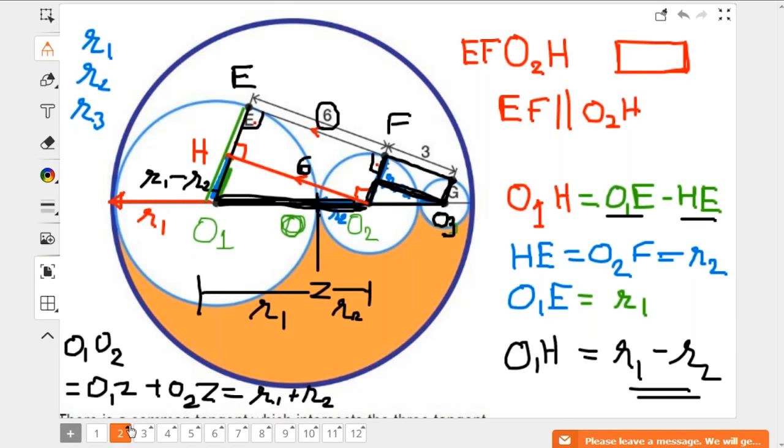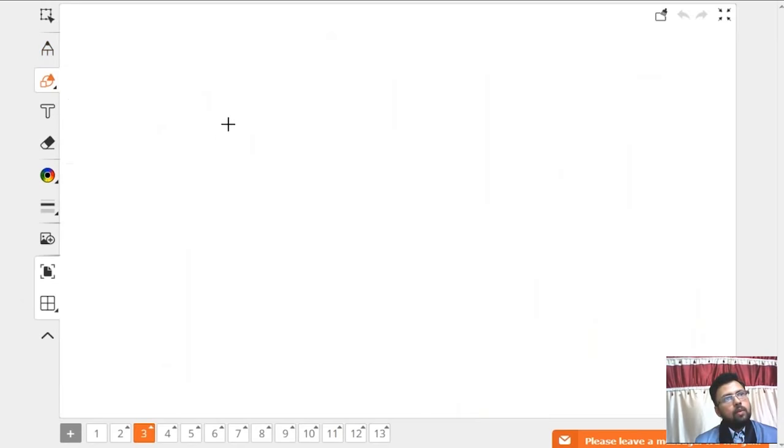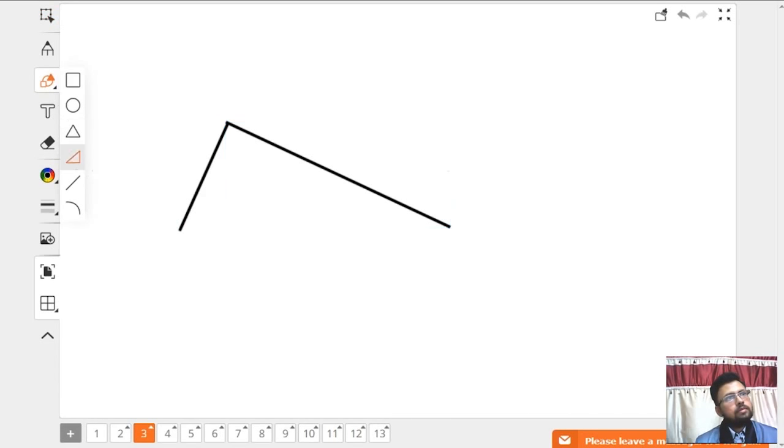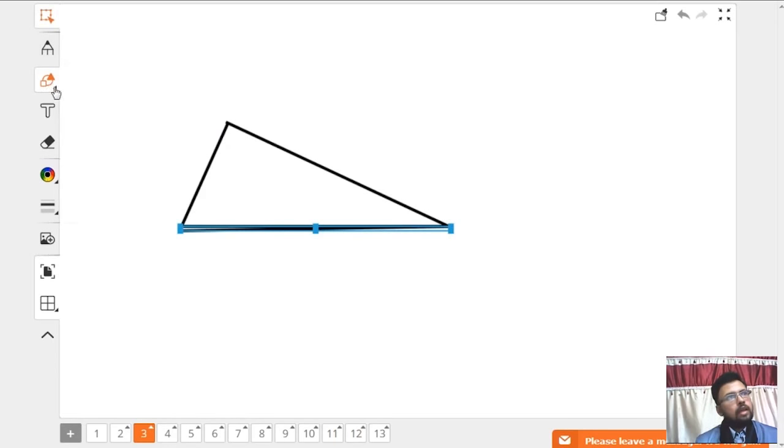That figure I'm going to draw again. Let's draw only that part. So we have one right angle triangle like this, and the other triangle, which is the smaller one.